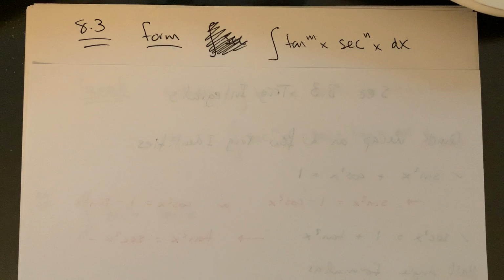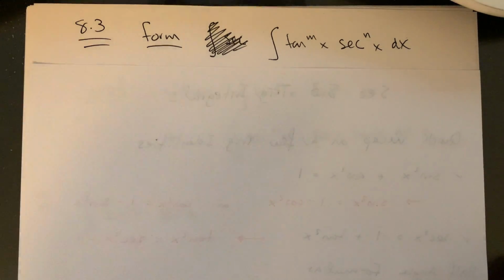Sine and cosine kind of are the derivatives of each other. And secant and tangent are also linked up as far as what the derivatives are, but it's not as simple as the derivative of secant is tangent and the derivative of tangent is secant, right? The derivative of tangent is secant squared, and the derivative of secant is secant times tangent.